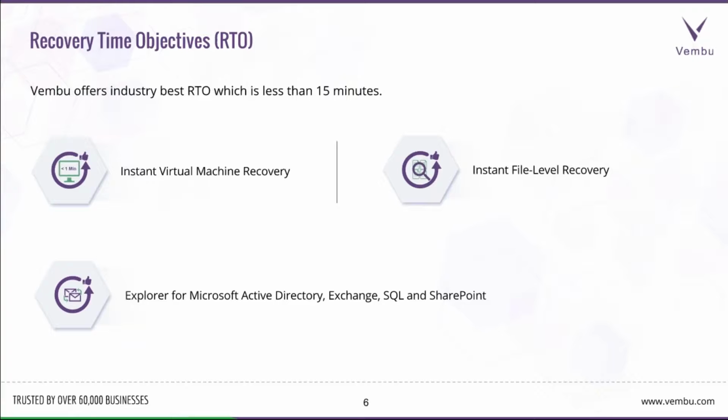Instant file level recovery, where the backed up machine is mounted into the backup server disk management for granular file and folder level recovery. And as I said earlier, you can use Vembu Universal Explorer for performing a granular recovery of applications like Exchange, SQL, SharePoint, Active Directory, etc.